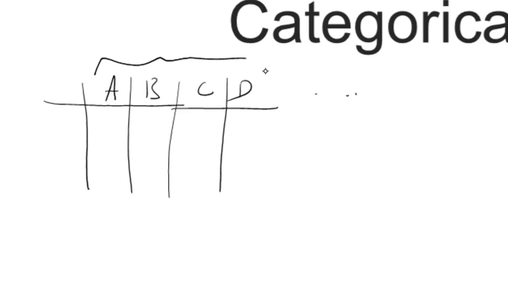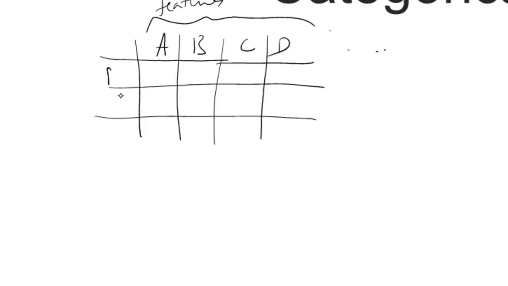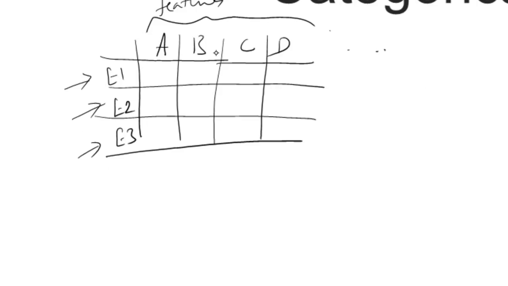These we call the columns, or the features or attributes. The details of these features for a particular entity 1, entity 2, entity 3, otherwise called experiences, are written on the rows.